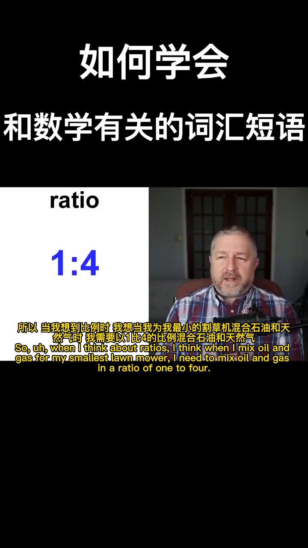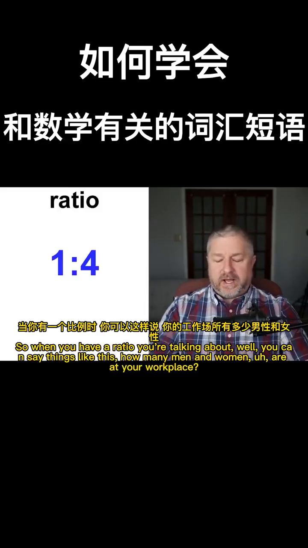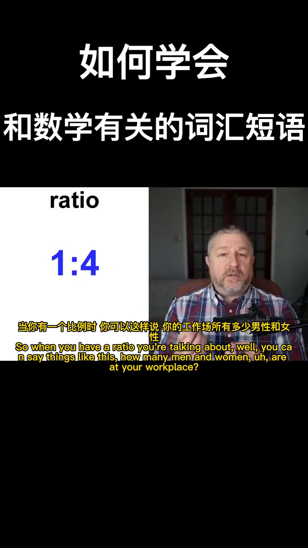So when I think about ratios, I think when I mix oil and gas for my smallest lawnmower, I need to mix oil and gas in a ratio of 1 to 4. So I put 1 part oil for every 4 parts gas, and I mix that together, and that's how the engine runs. So when you have a ratio, you could say things like this: how many men and women are at your workplace?